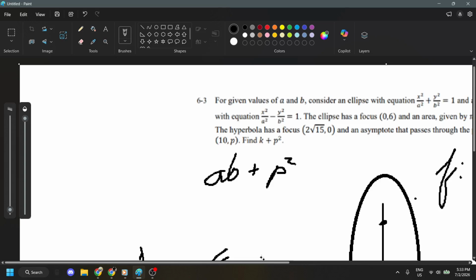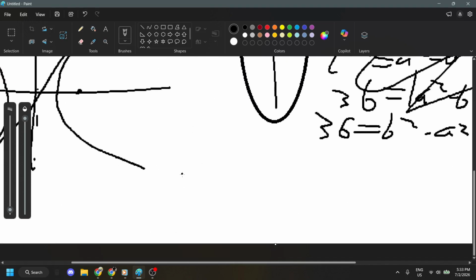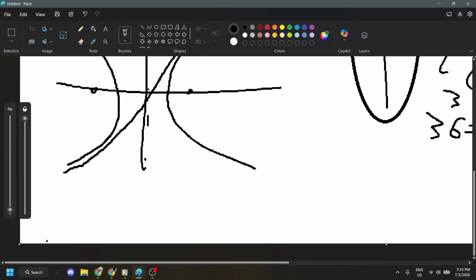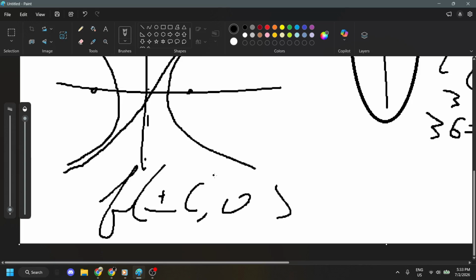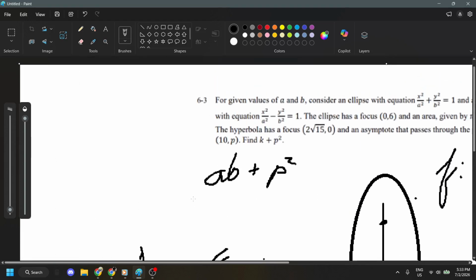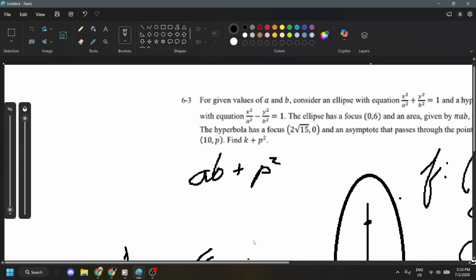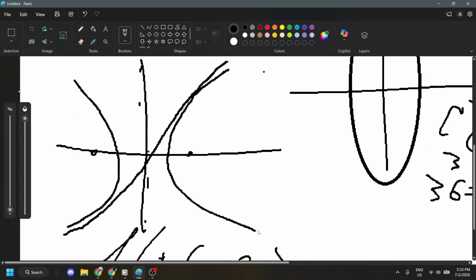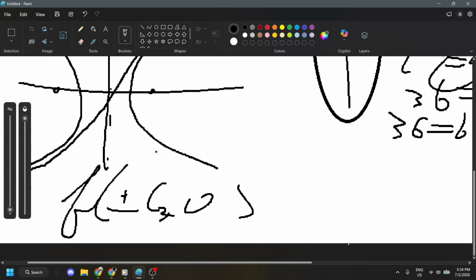The focus in this is just going to be plus or minus c, 0. Here c squared is equal to a squared plus b squared, which are the bottom things.